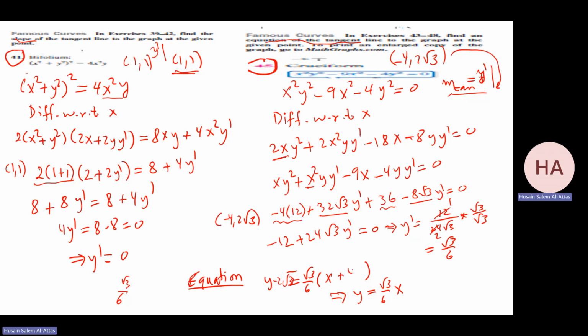This is x plus 4. Okay. So I have 4 square root of 3 over 6 plus 2 square root of 3. This is 1, this is 3. This is 2. 2 over 3 plus 3 over 3, 8 over 3 square root of 3. Yeah, calculations. Okay.